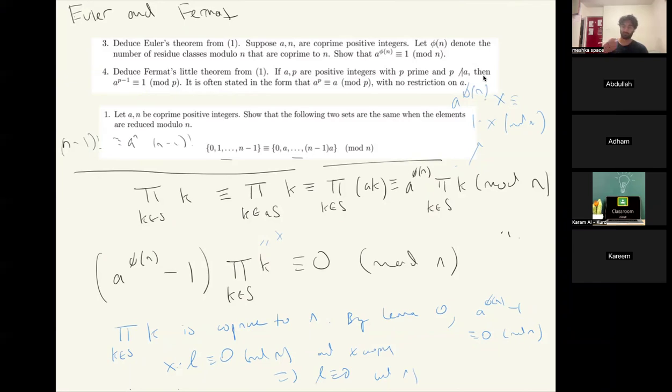But then we cannot cancel because it's not coprime anymore. Does it make sense what I just said? Yeah. Okay. All right, so that was the proof of Euler's theorem.